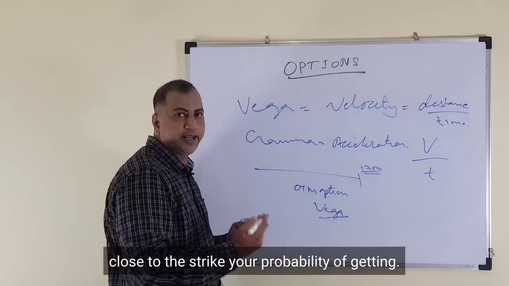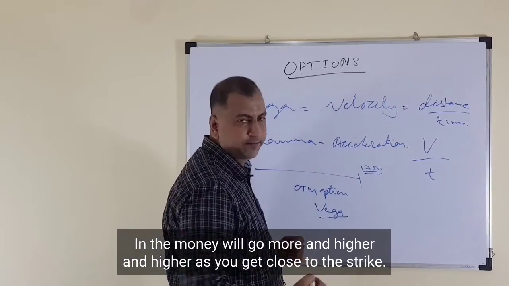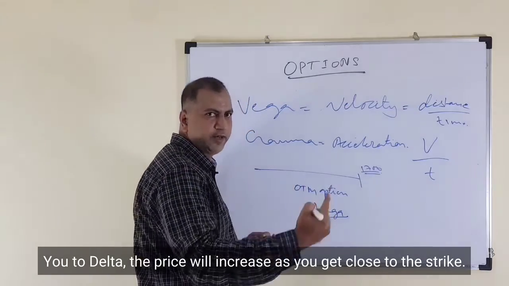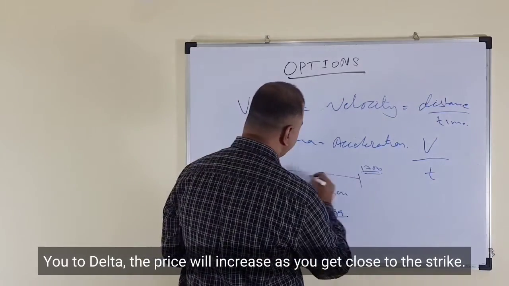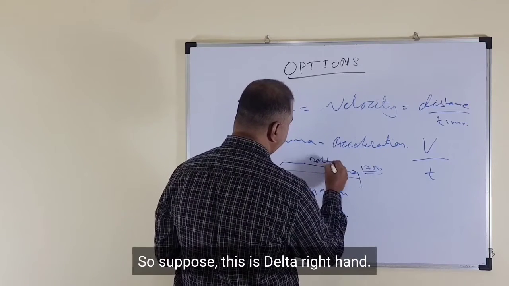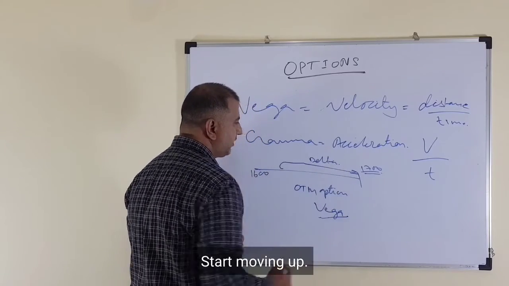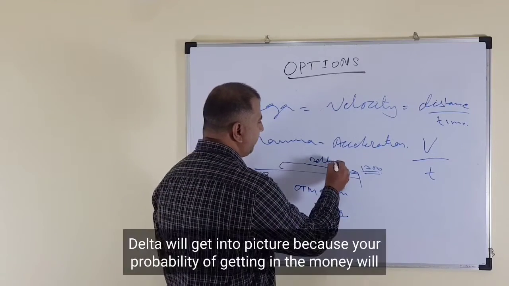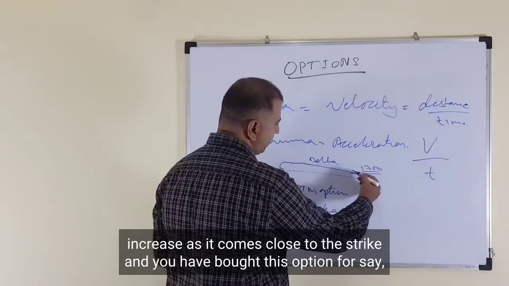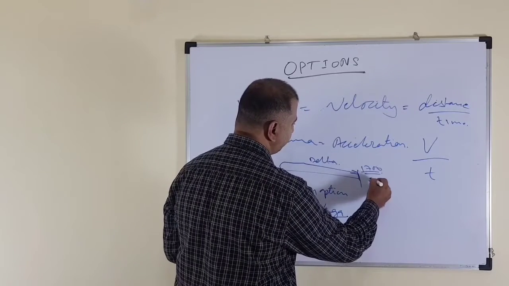Your probability of getting in the money will go higher as you get close to the strike. So due to delta, the price will increase as you get close to the strike. Suppose this is delta, and this is 1600. As the price starts moving up, delta gets into the picture because your probability of getting in the money increases as it comes close to the strike, and you have bought this option for, say, 20 rupees.